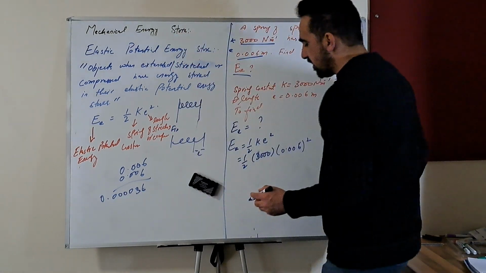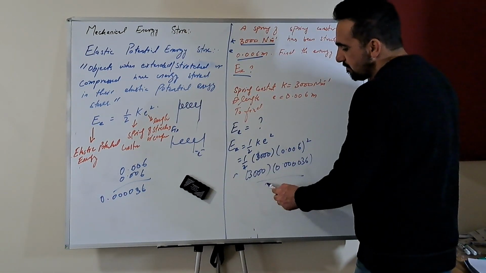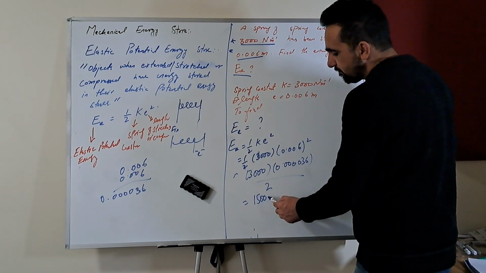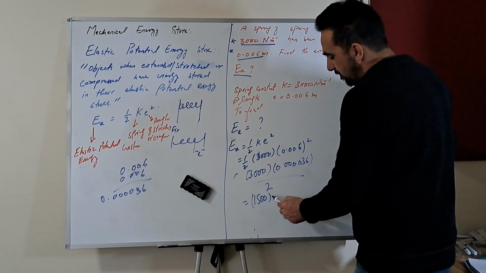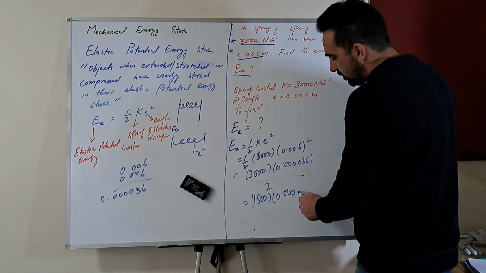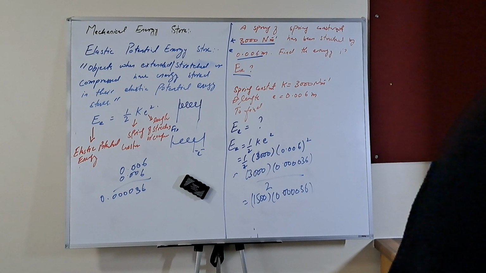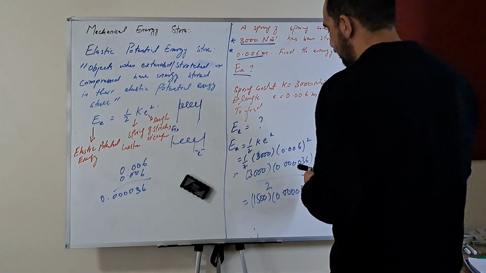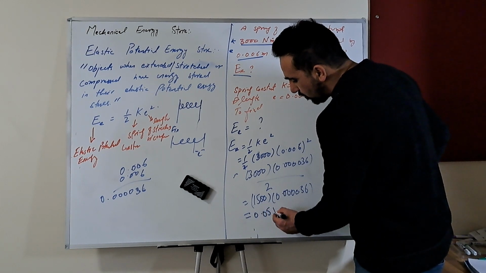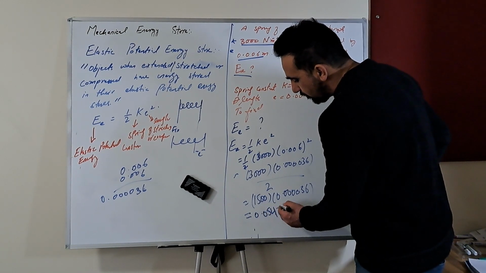So this is the number that we get from the square, divided by 2. So this will become equal to 1500 multiplied by 0.000036, which gives 0.054. So we get 0.054 joule of energy.